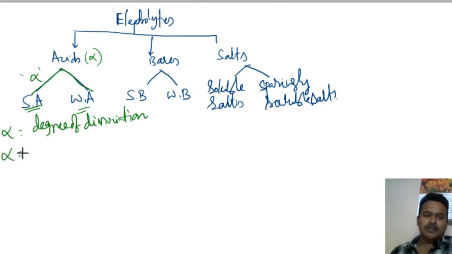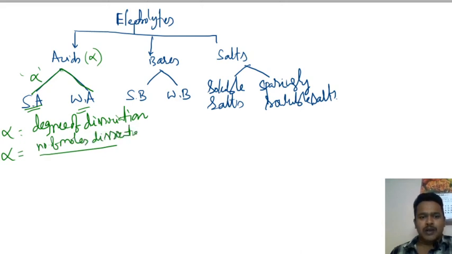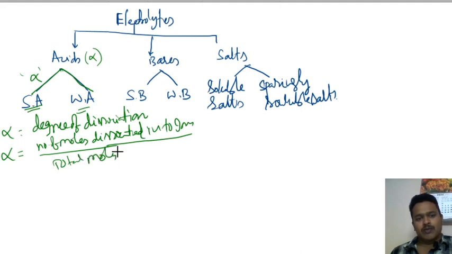Degree of dissociation means the number of moles dissociated into ions divided by the total moles taken.